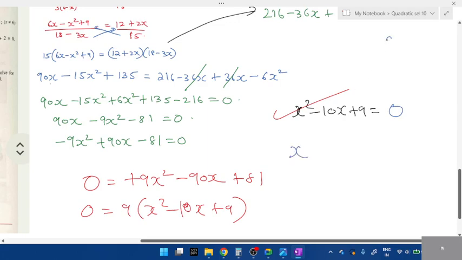Okay, what's the sum and product? Sum is minus 10, product is 9. Only one way value, right? 1 into 9. So how do you split it? How do I split this, students? Plus 1x or minus 1x?